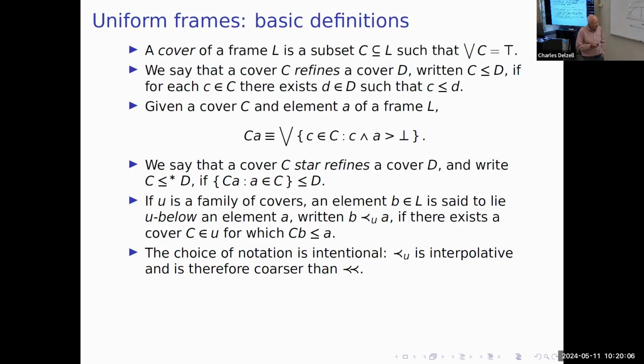We say, when equipped with a family of covers, where little u is now to stand for a family of covers, that one element lies u below a second if there is some cover in the family such that C times B, in other words, B blown up a little bit by C, still lies below A. The symbol I'll use here is the rather below symbol subscripted by U, and I do that intentionally because it turns out that in the situations that we're involved with, this less than relation interpolates.